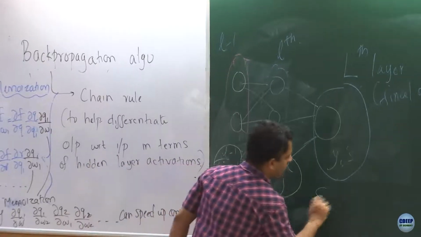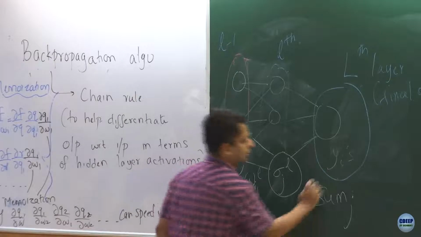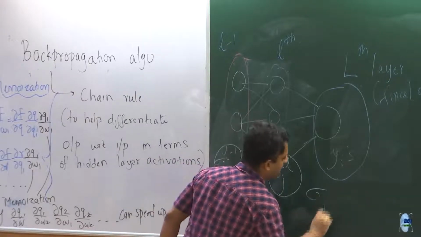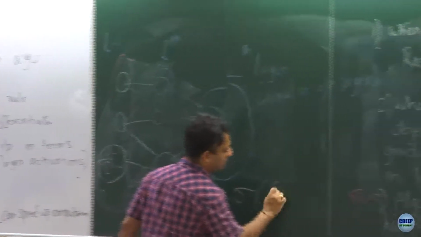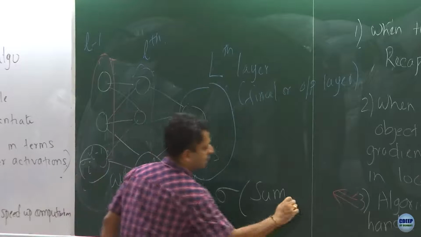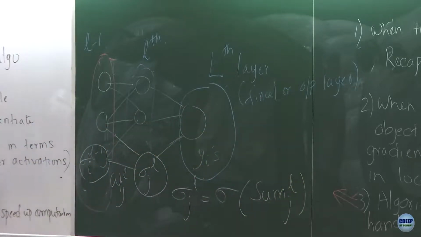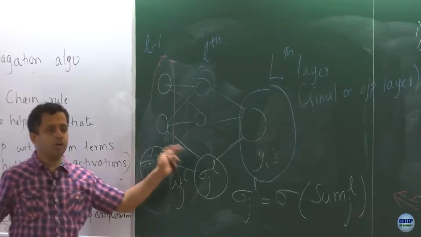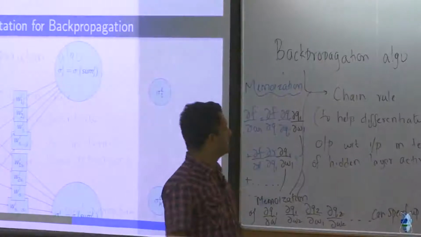So sigma JL is the activation function applied on the sum coming into the jth node from the previous layer.